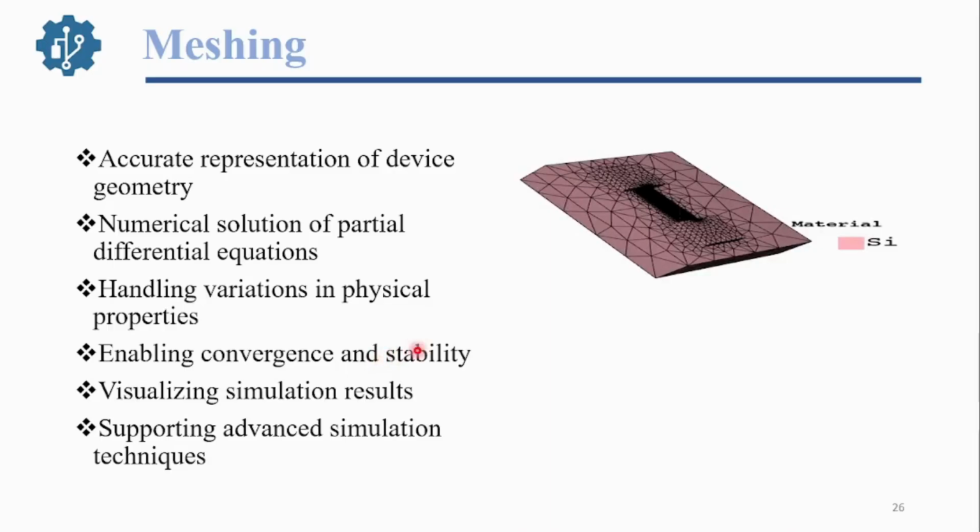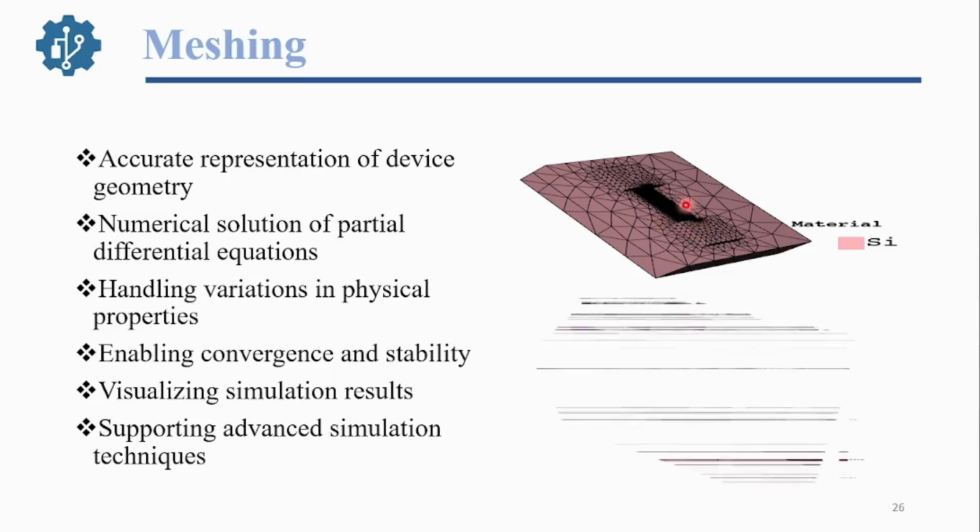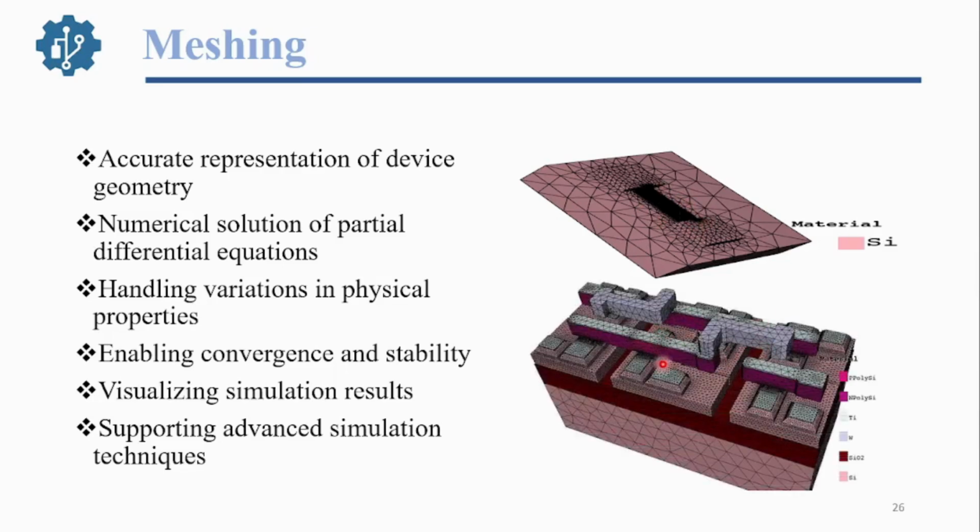Basically, you see here, this one is the meshing. It looks like a net, like a spider net. These are multiple lines intercrossing, creating a net-like structure.